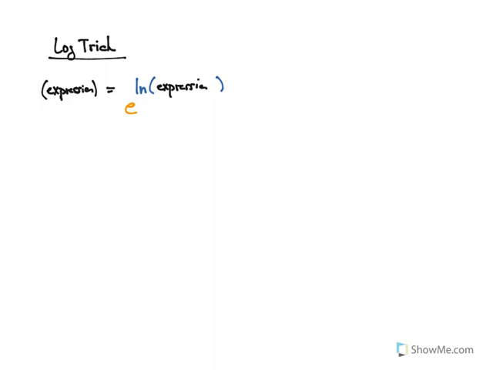And we know that's true based on our rule that x is equal to e to the natural log of x. And it really is something is equal to the e to the natural log of something. That's always true. They're inverse functions. So our log trick will be to write this limit as e to the natural log of the limit.